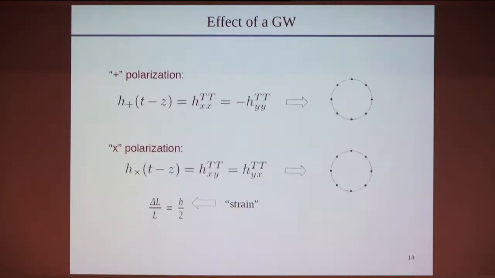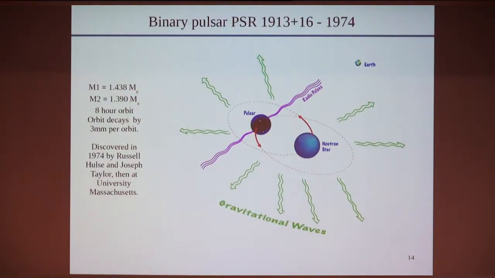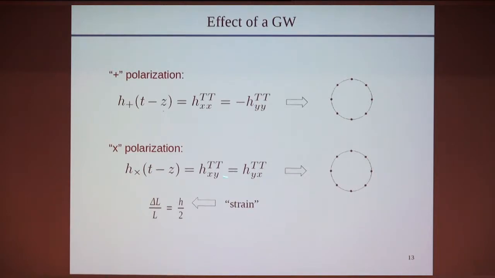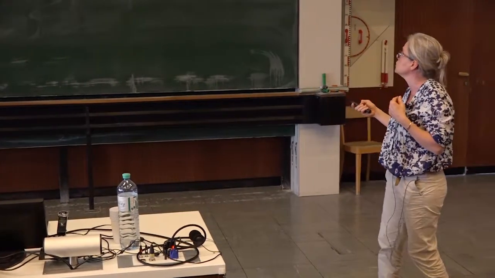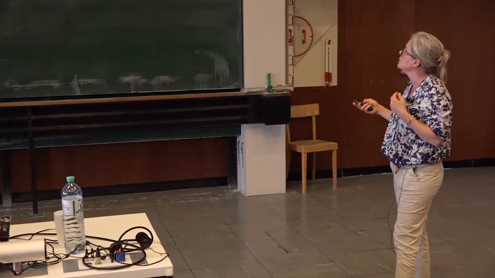The other polarization does actually the same, but with a rotation of 45 degrees. This effect of gravitational waves on matter is the principle of the detection that we are using to detect them.